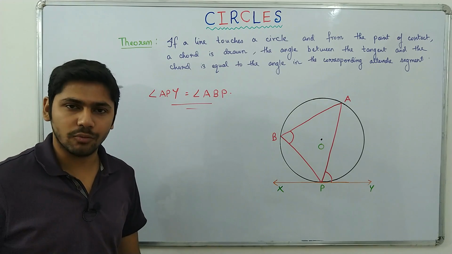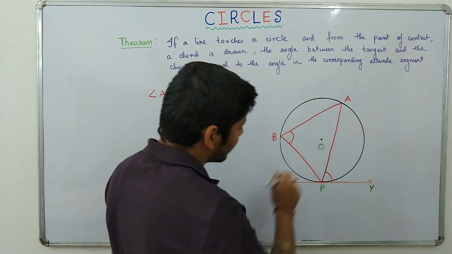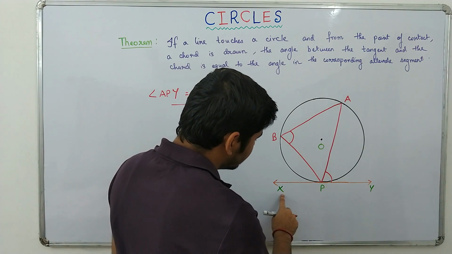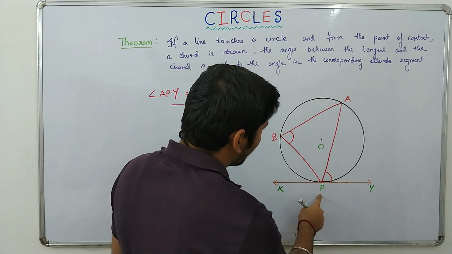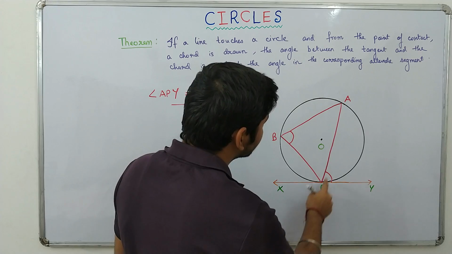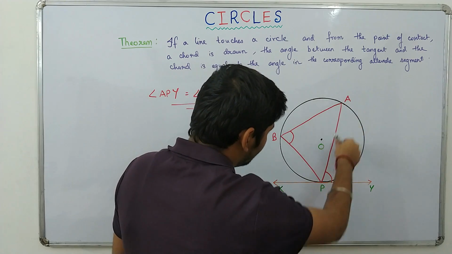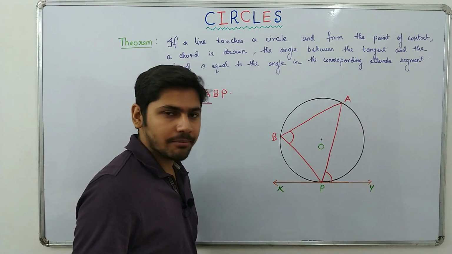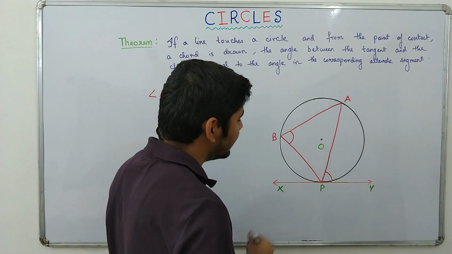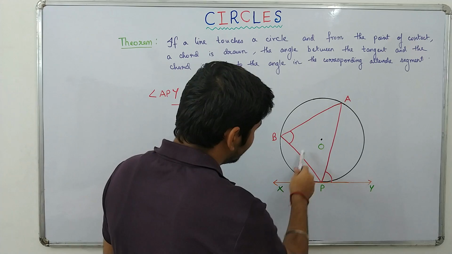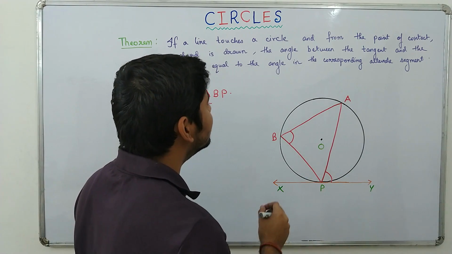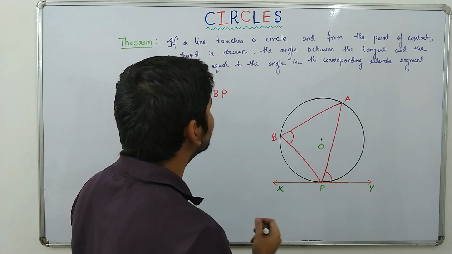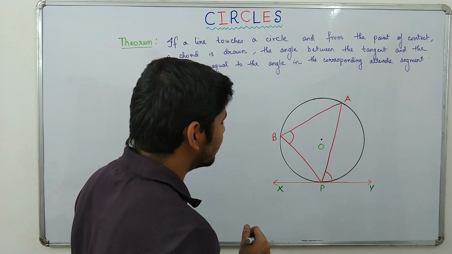Let me explain it to you one more time. Say we have a circle and we have drawn a tangent to the circle XY and the point of contact is P. From the point of contact we are drawing a chord, say to A. So AP is a chord of the circle. Now the chord divides the circle into two segments, the major segment and the minor segment, and the theorem says the angle between the tangent and the chord is equal to the angle in the corresponding alternate segment.